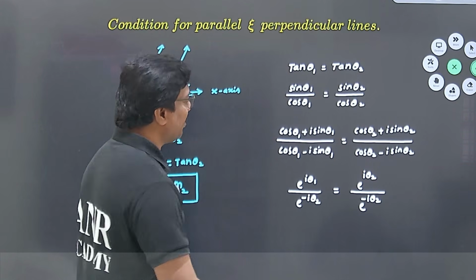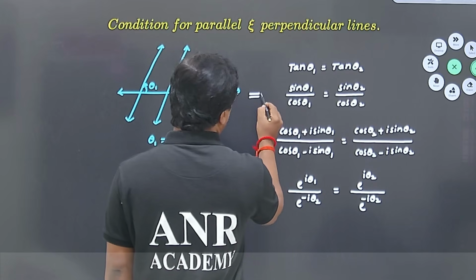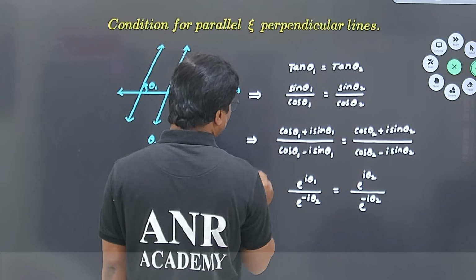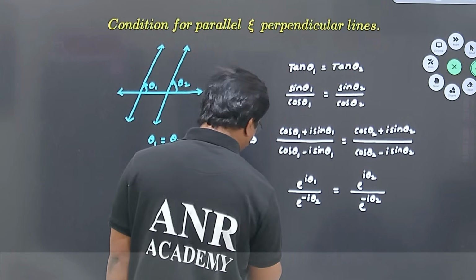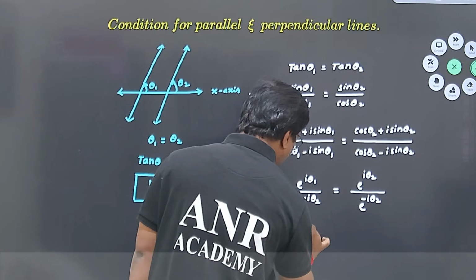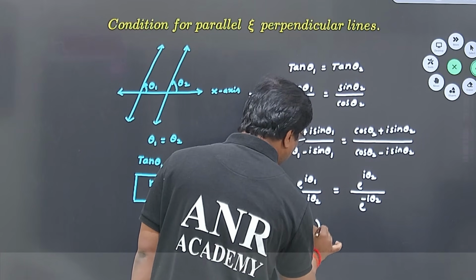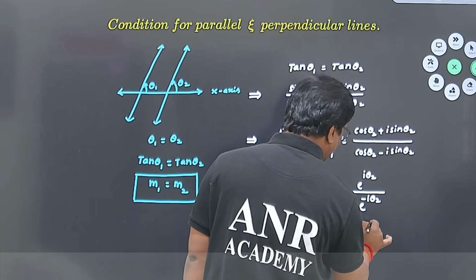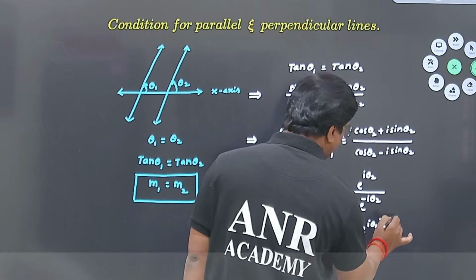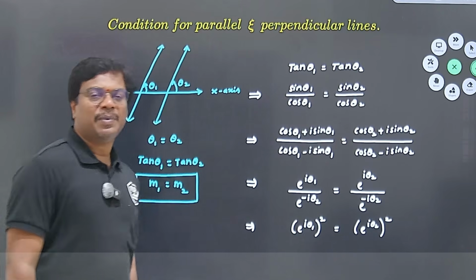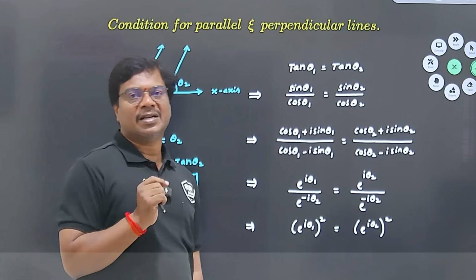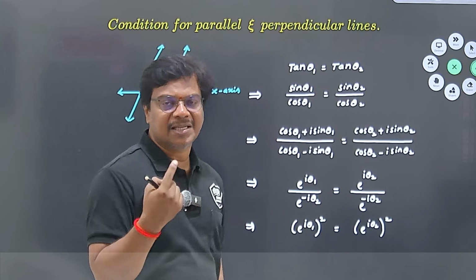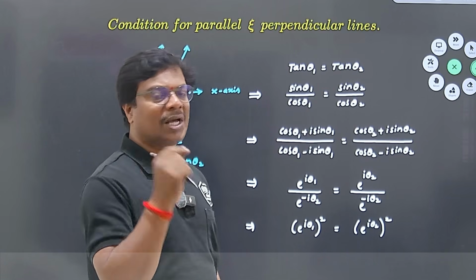On simplification, the left hand side is square of unimodular, we get e power i theta 1 whole square, and this is e power i theta 2 whole square. E power 2i theta 1 on the left hand side, right hand side e power i 2 times theta 2.